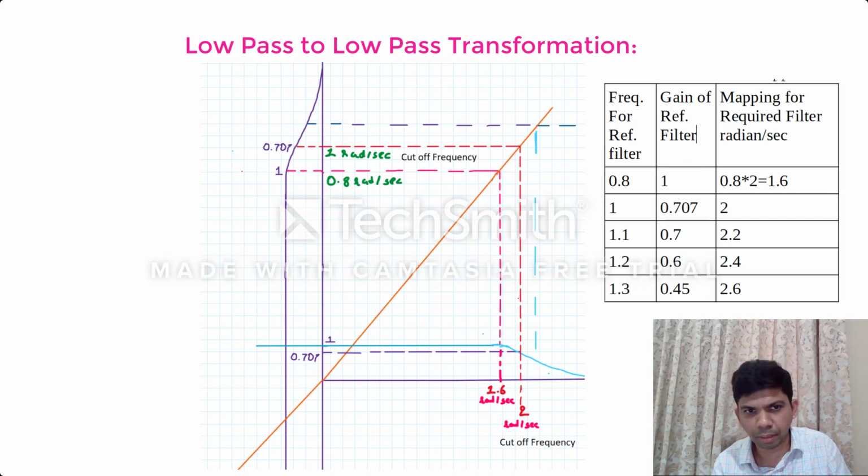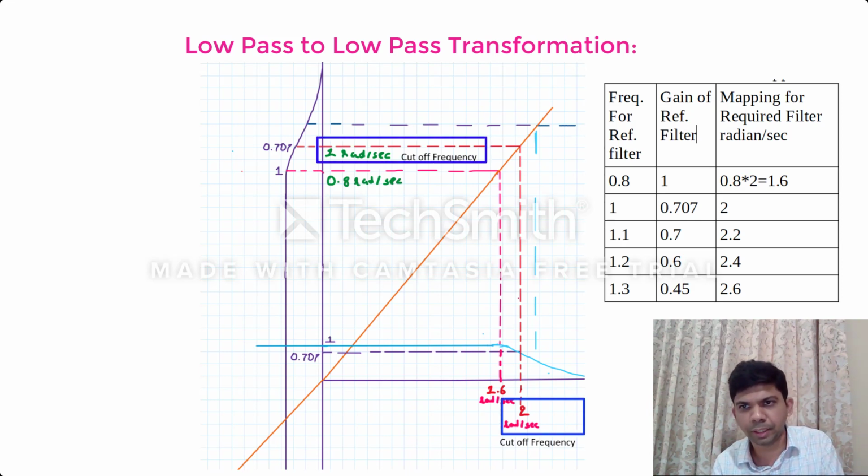Now this is to be mapped for the desired filter. So as 1 radian per second in the normalized filter is to be mapped to 2 radian per second of the desired filter.